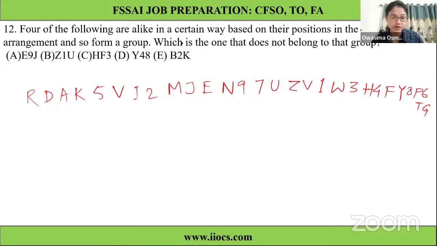So four of the following are alike in a certain way based on their positions in the arrangement. So E9J. Is E9J sequential? No, E9J is not sequential. So I think option A will be it, though we'll check the next options also. J1U.